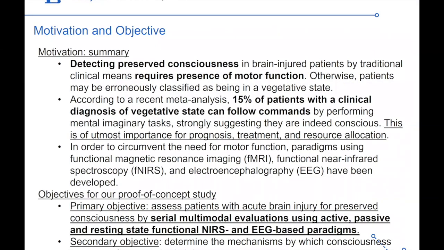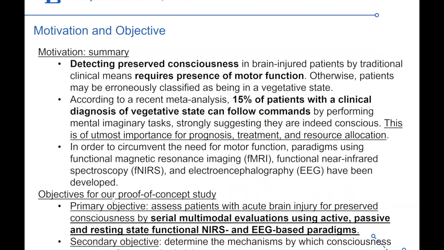The motivation is primarily to detect covert consciousness in these patients in a neuro ICU setting. This is important because a recent meta-analysis showed that 15% of these patients who are considered to be in a vegetative state can follow commands, and this was done with fMRI. We are applying our fNIRS-EEG technique to see if we can identify these patients with covert consciousness who are considered to be in a vegetative state, but may not be.